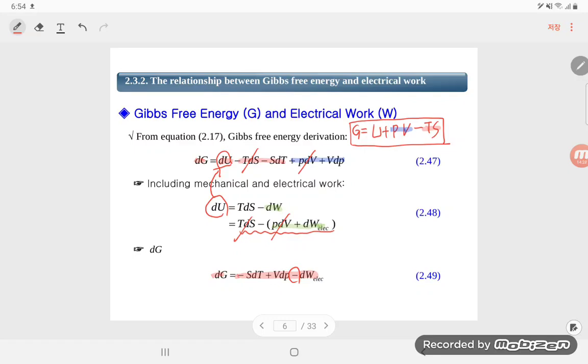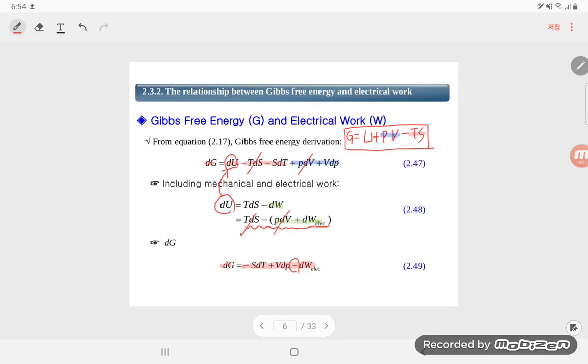Okay, now let's make the important assumption here. If T and P are constant, then dT and dP equal 0.